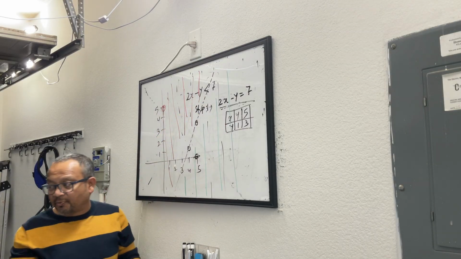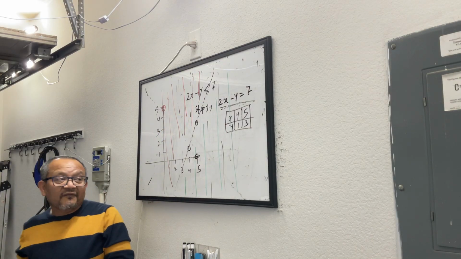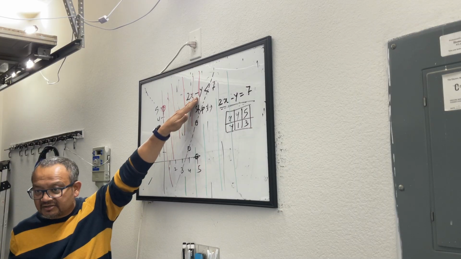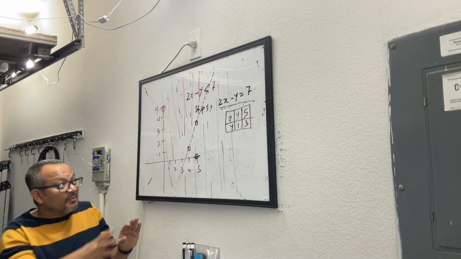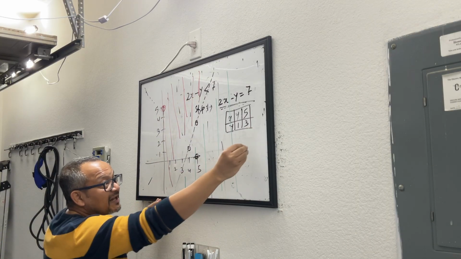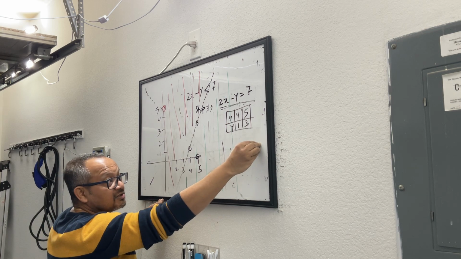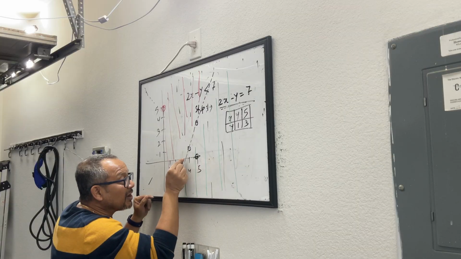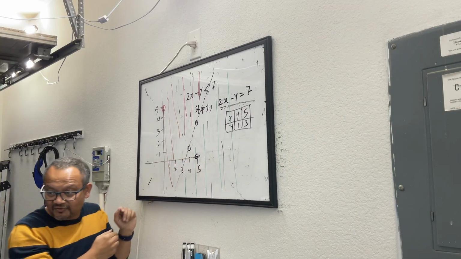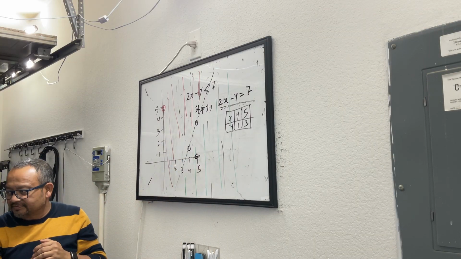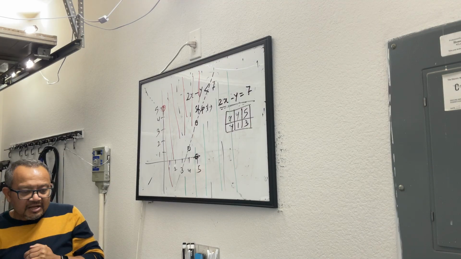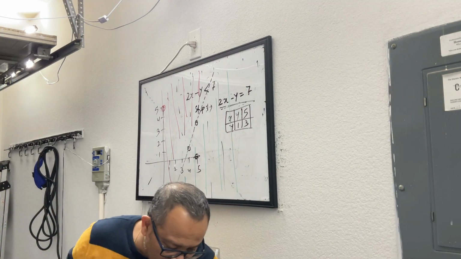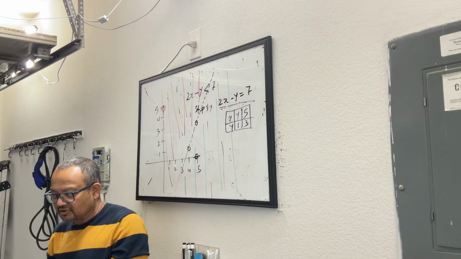You will pick your point to decide which region is satisfying this condition. And try picking a point which is extreme, something like 10, 5, 10, 0, so that there is no confusion left. If you are picking a point very close to this, you might get confused. Make sense?